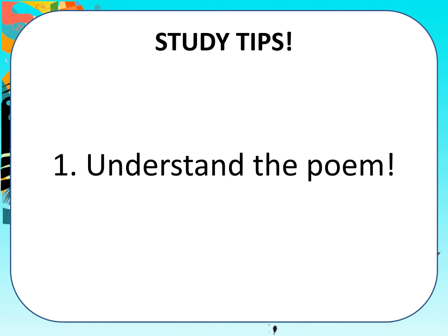In Form 4, we have The Living Photograph and The Charge of the Light Brigade, and then in Form 5, we have What Has Happened to Lulu and A Poison Tree. So basically, you need to understand, doesn't matter in what language. You need to understand the gist, the important thing about the poem, what the poem is all about.